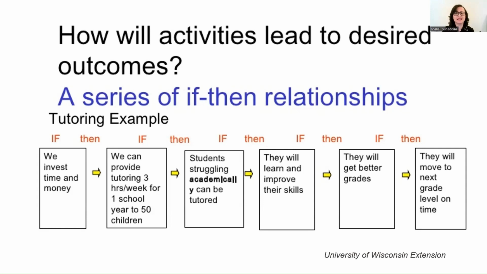If we do this, then they will learn and improve their skills. And if they do this, they will get better results. And if they do this, then they will move to another level, whatever. So this was included in one of the universities as a study, and that was very helpful. The way you put your steps together from an action to an outcome is very, very significant.